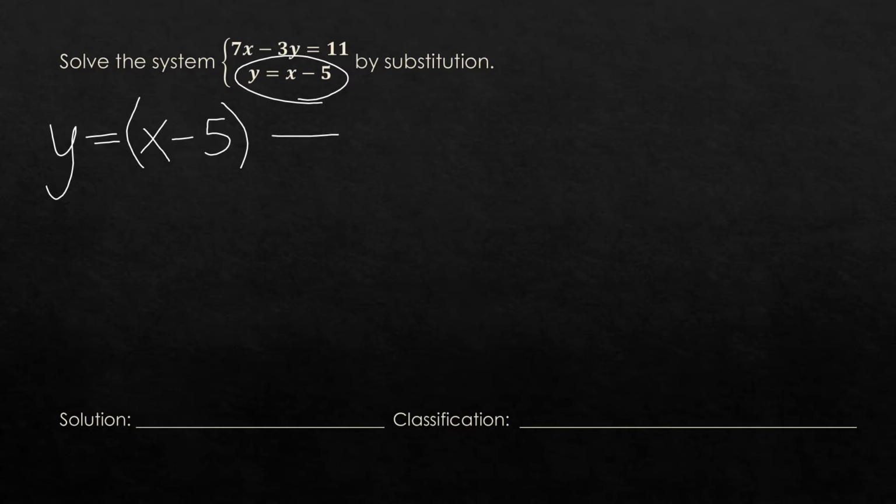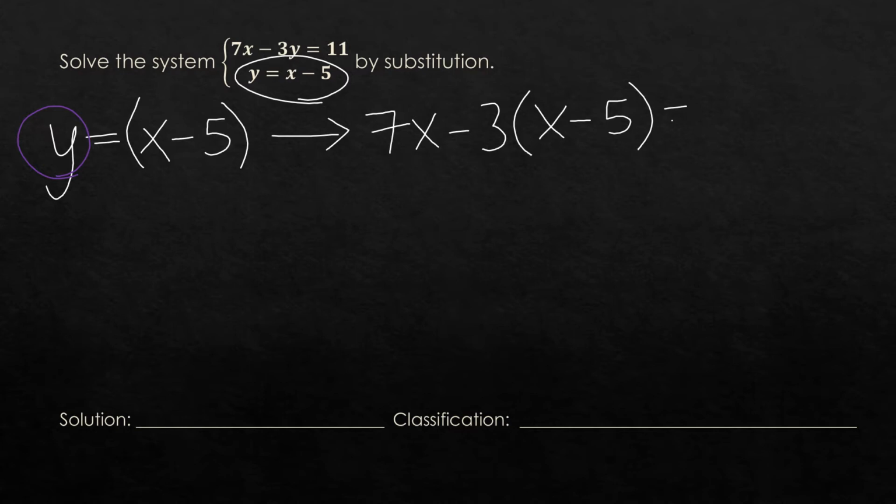I'm going to plug it into the other equation for the variable y, since that's what I solved for. So the other equation is 7x minus 3, and then I take the y out and replace it with x minus 5, and then equals 11. Now I only have one variable, and I can solve this for x.